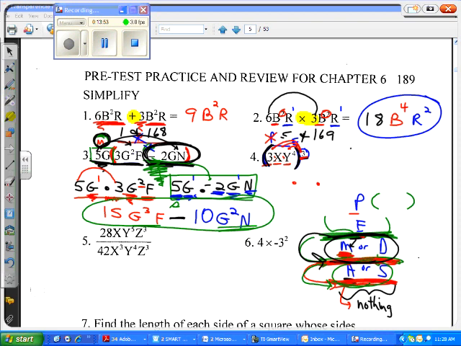Now, when we talk about distributing that exponent, then we're raising something to a power. And if you study page 171, when you raise to a power, we generally put the first power in parentheses. We're taking this power 3. You may say, well, it's not a power. Yes, it is. It's 3 understood to the first. We're going to take that 3 to the first power, and raise it to the third power.